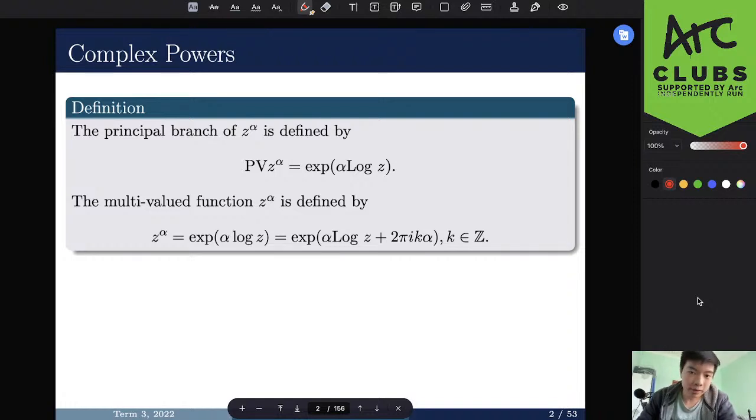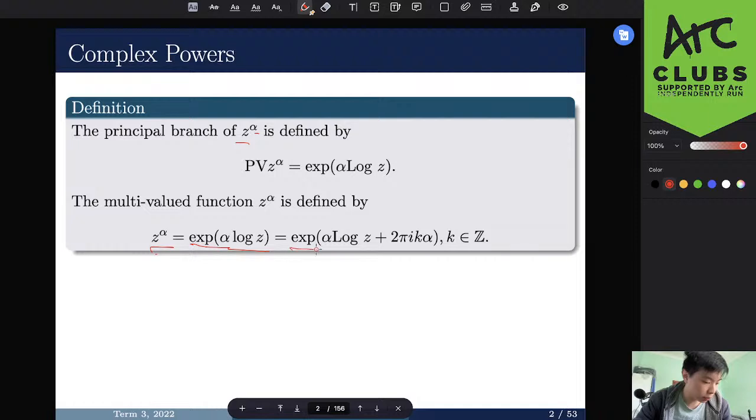So if we want to calculate the complex power, which is just a complex number to a complex number, in this case a complex number z to a complex number alpha, we can use the fact that z to the alpha can be expressed as the exponential of alpha times log z.